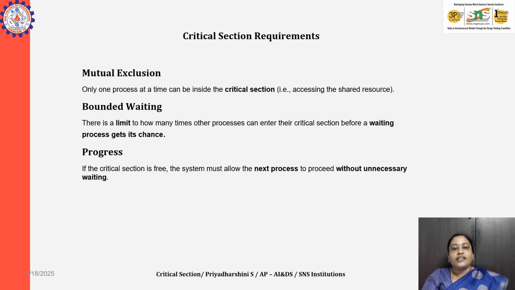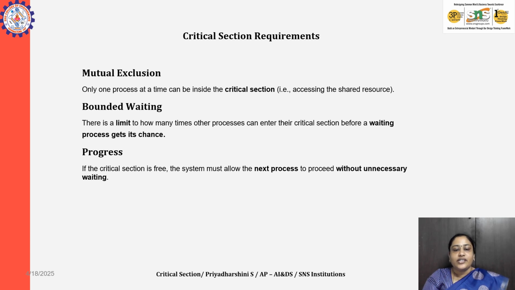So let's see what the requirements are to solve the critical section problem. The first requirement is called mutual exclusion. As we all know, mutual exclusion means only one process at a time can be inside the critical section. Remember, only one sibling will be inside the room full of chocolate. The next condition is called progress.